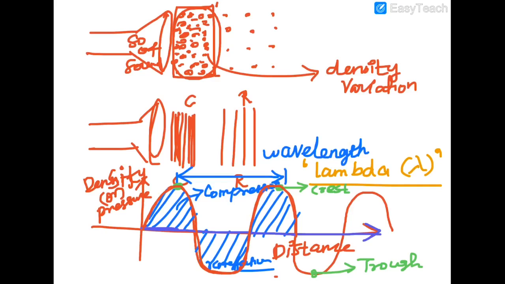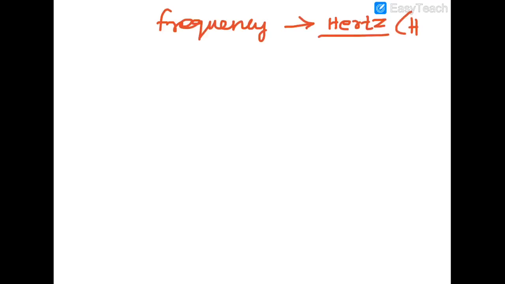What is meant by frequency? The number of oscillations produced in 1 second is your frequency. The unit of frequency is hertz, named after the scientist Heinrich Rudolf Hertz, simply written Hz.